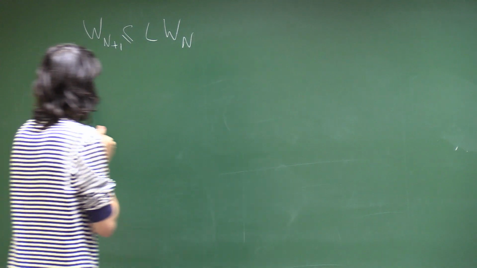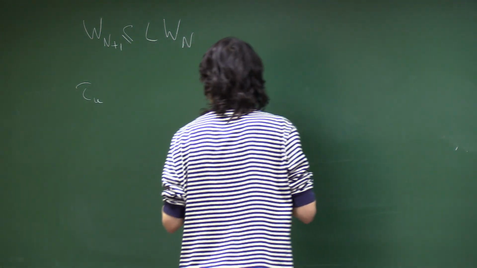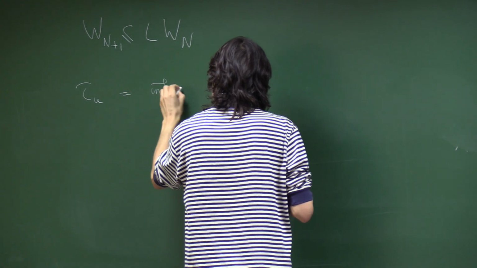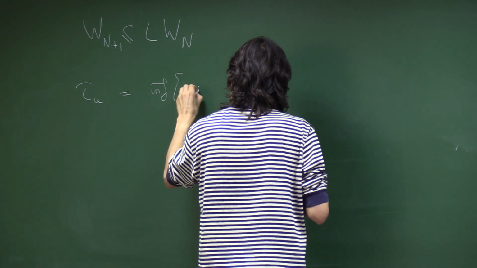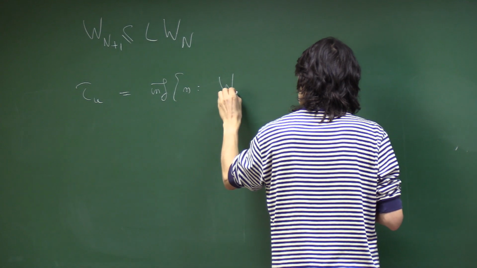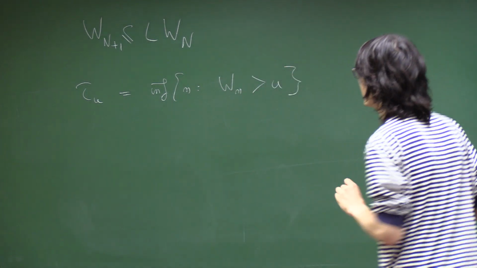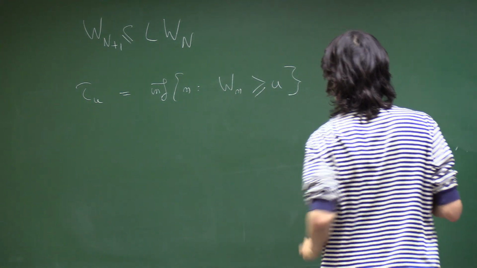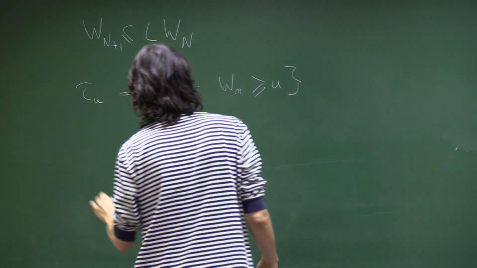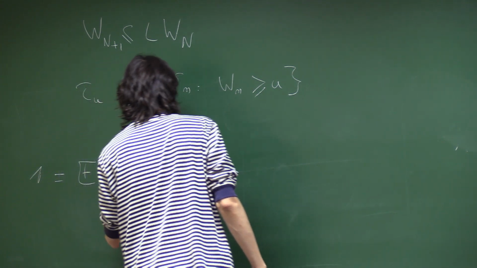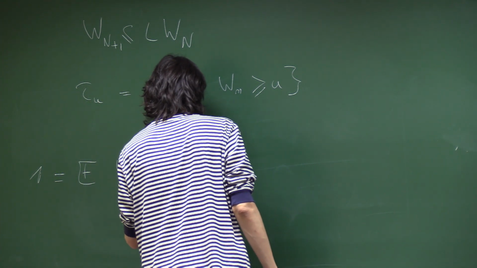Now let's define tau u to be the first n at which Wn is larger than or equal to u. And let's look at the expectation of W at n minimum tau u.